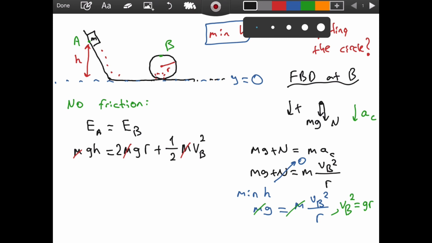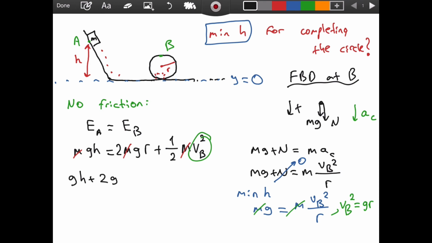We substitute it here, we then have gh equals, I meant to say equals here, 2gr plus, and for vB squared, we have gr divided by 2. And we see another cancellation. Hold on a second. The g's cancel as well. Wow.